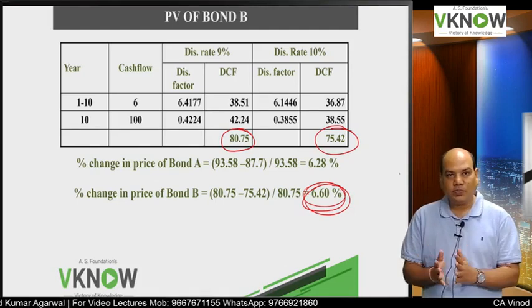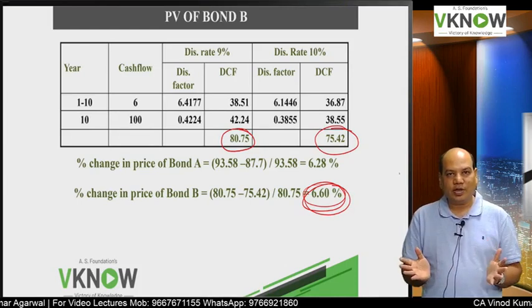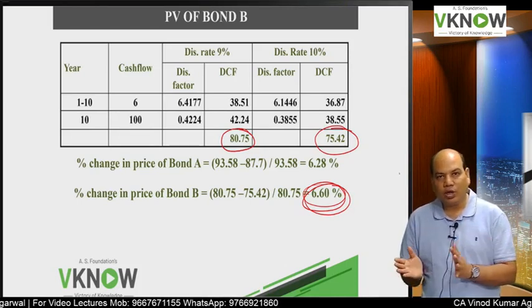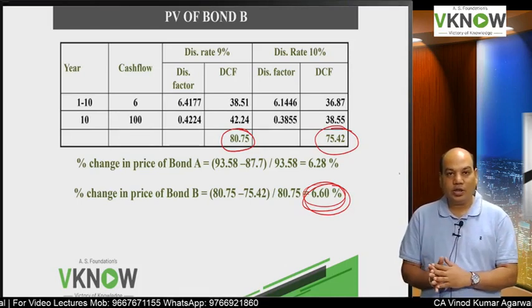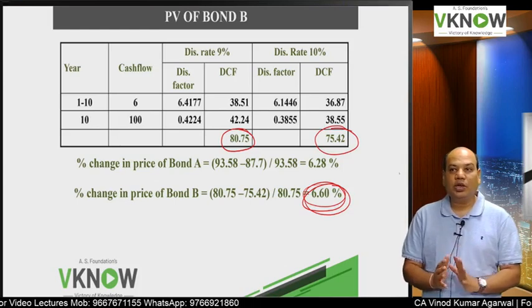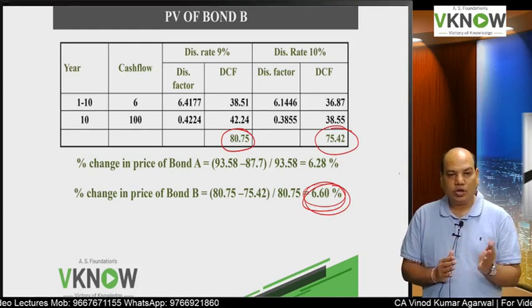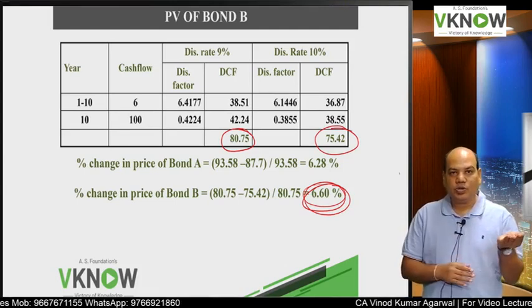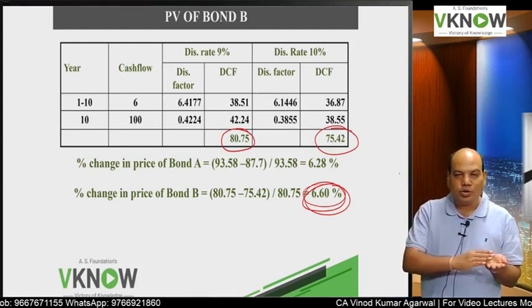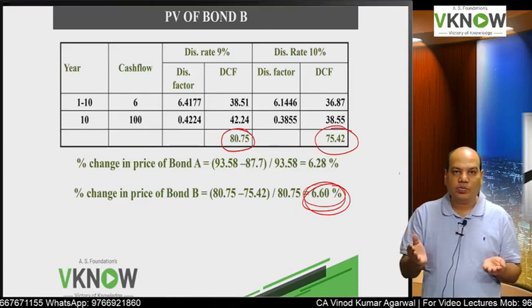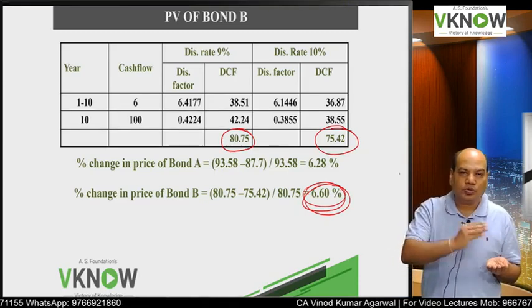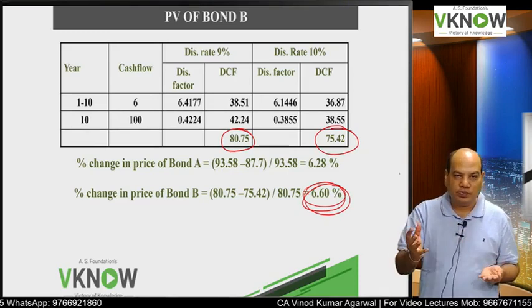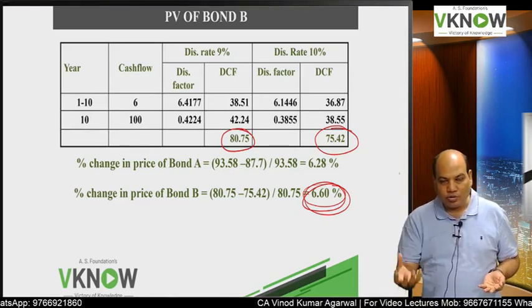Recently in the USA, a bank called Silicon Valley Bank collapsed and got liquidated because they had invested in long-term bonds, and the US Federal Reserve increased the interest rate from nearly 0% to around 5%. If the market rate moves from 0 to 5%, such a big change, the bond values fall.